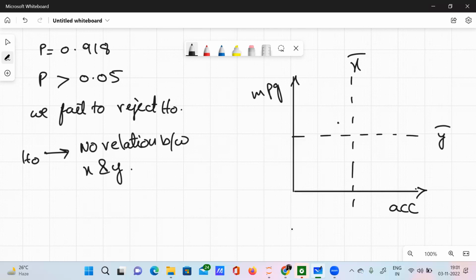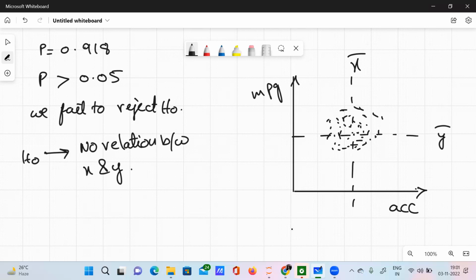When the null hypothesis is true, there is no relationship here, so there is no relationship between acceleration and mpg.